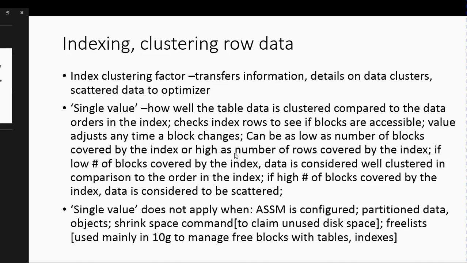Inside of the Oracle software, when you have an index and you're dealing with a cluster, there's this thing called the clustering factor, which holds the information about the cluster and passes that information over to the optimizer.